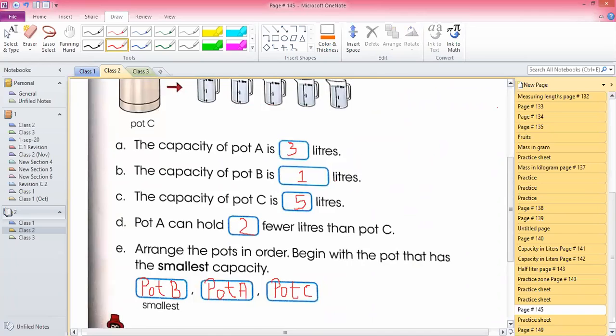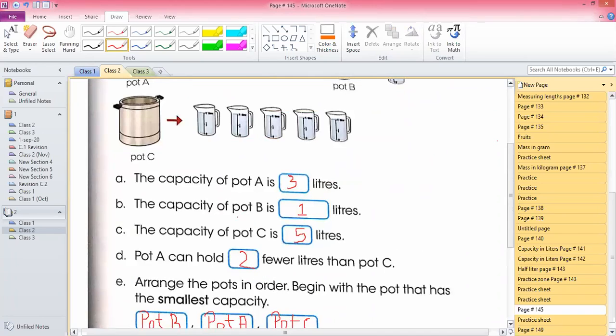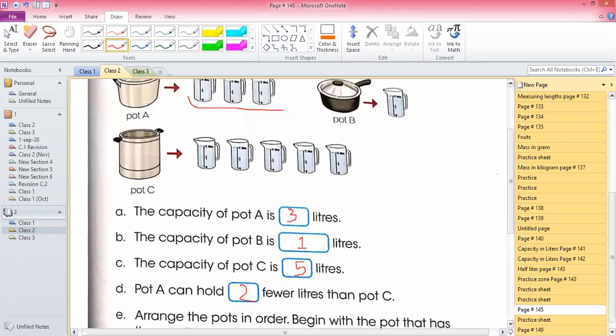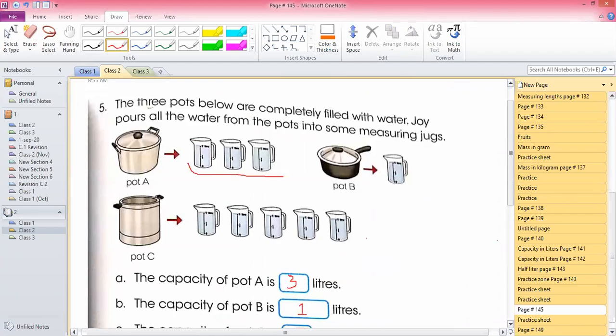I also told you, if you need to find out how much pot A can hold, fewer means fewer liters than pot C. So you will check the capacity of pot A. Pot A capacity is 3 liters.